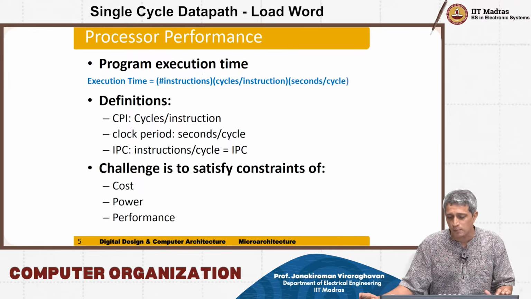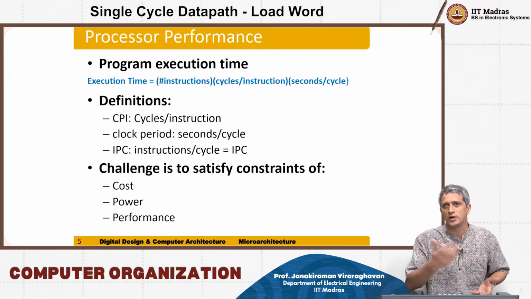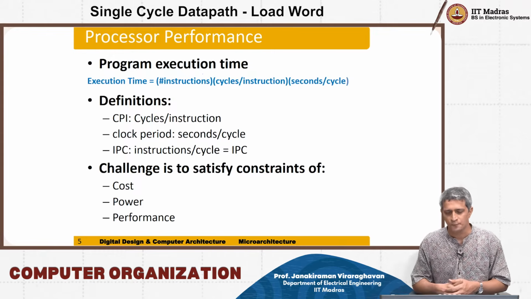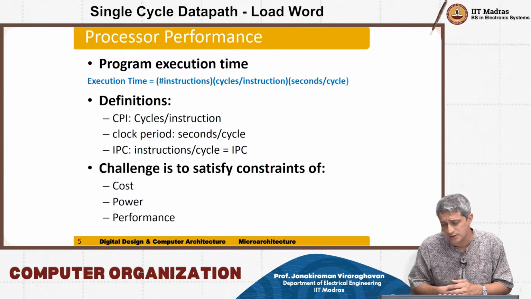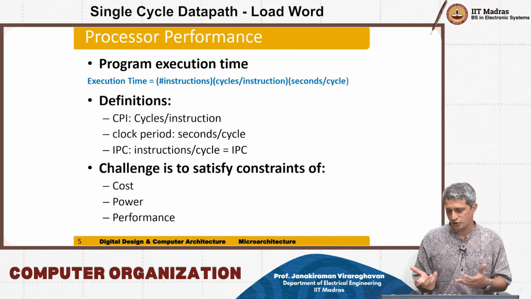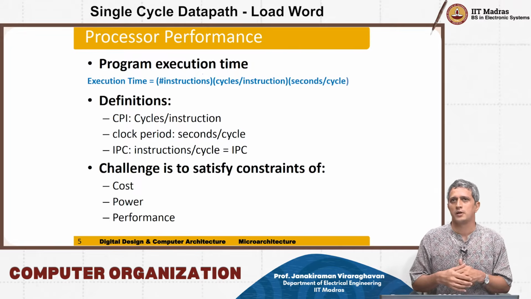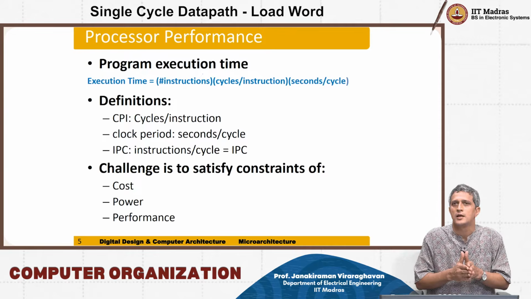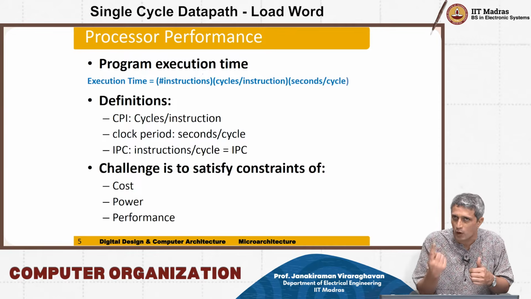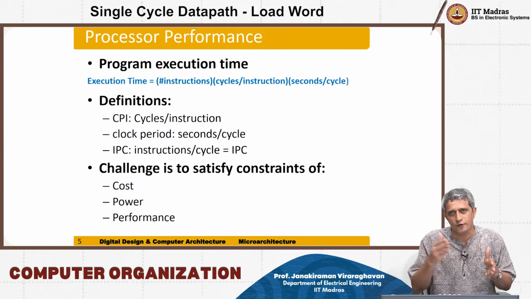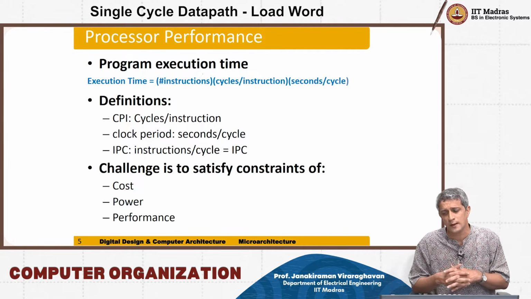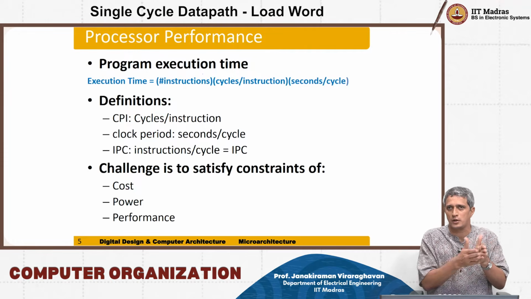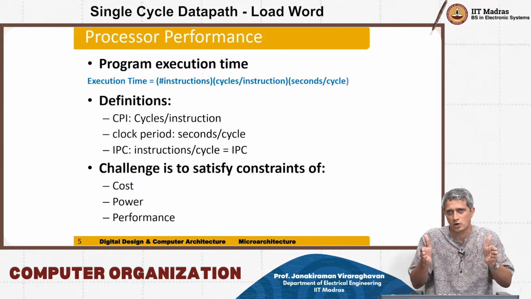What is execution time? It's basically, if I give you a C code, it compiles into some number of instructions. We have seen this, machine instructions, right? So number of instructions times the cycles per instruction, okay, because each instruction is going to take a certain number of clock cycles, right? Remember, in single cycle that is 1. In multi-cycle it could be different for different instructions, we'll come to that, and multiplied by the clock period, because an instruction takes so many clock cycles.